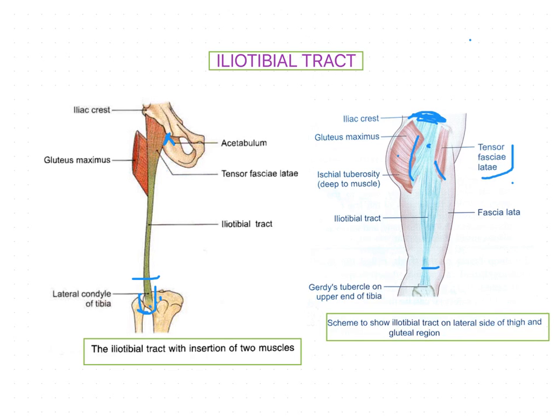So this is about the iliotibial tract. If you see the clinical anatomy of the fascia lata as a whole, it is attached to the inguinal ligament, and extension of the thigh pulls the abdominal wall downwards and makes it tense.